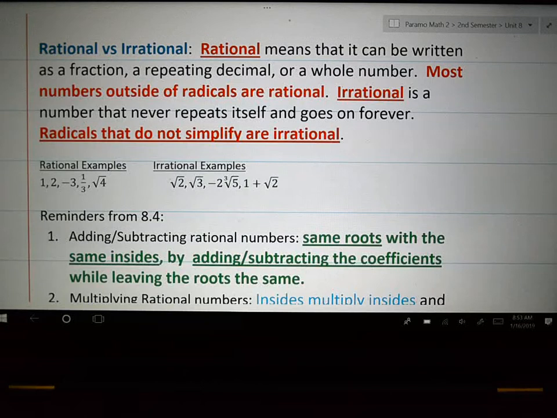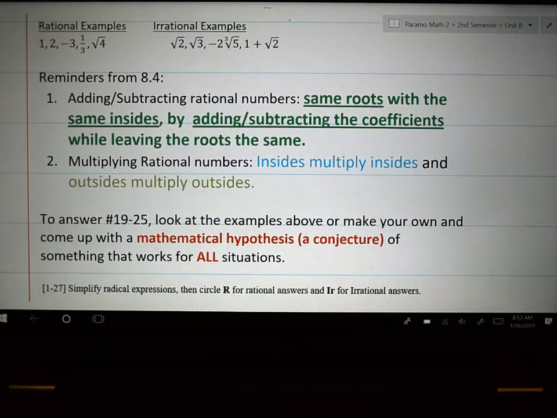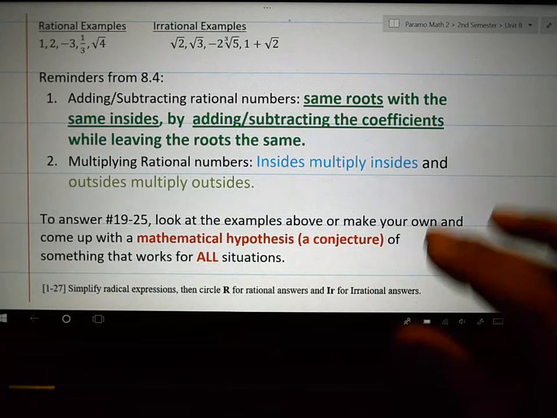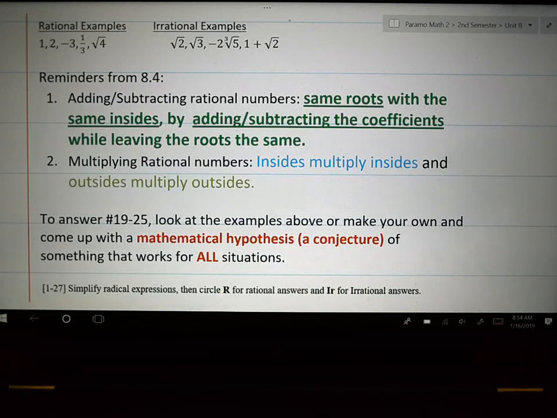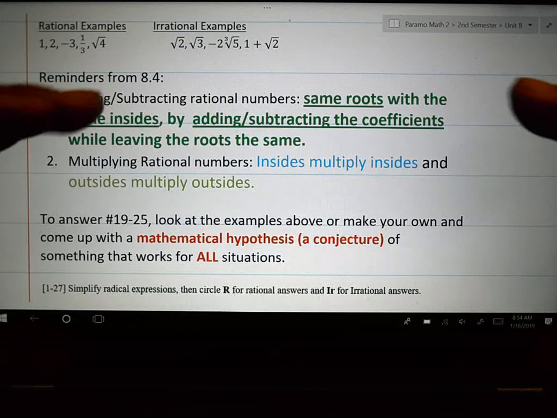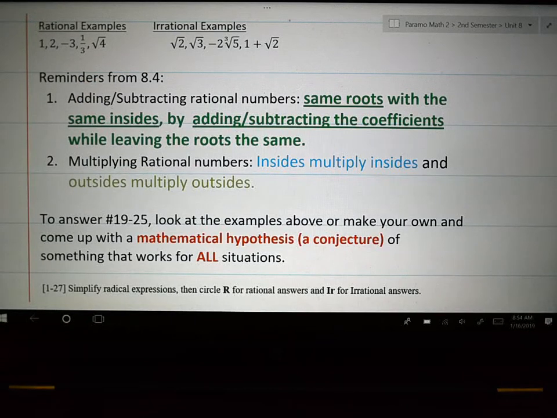and irrational. When I looked at your worksheet, there was basically two halves of the worksheet. The very first 18 problems you were going to have to work out, and then you have to decide, is it rational or irrational? But that's only level 1 type of stuff that you need to know.